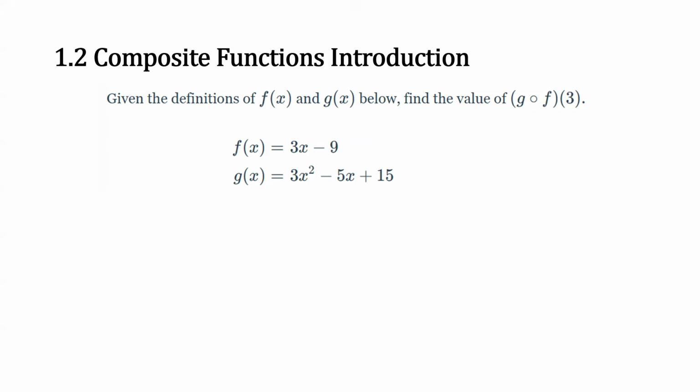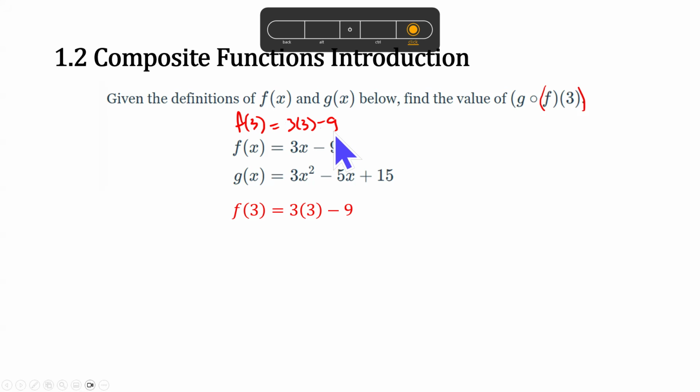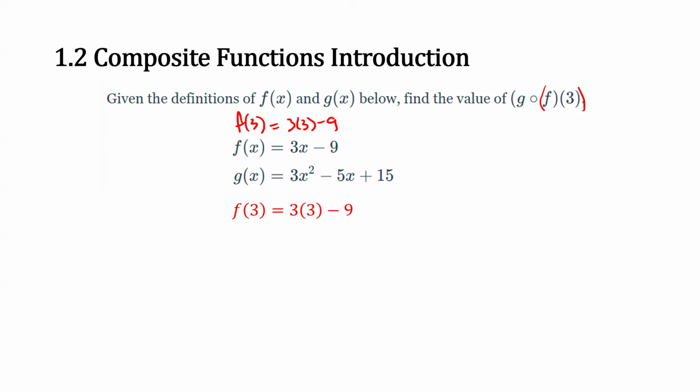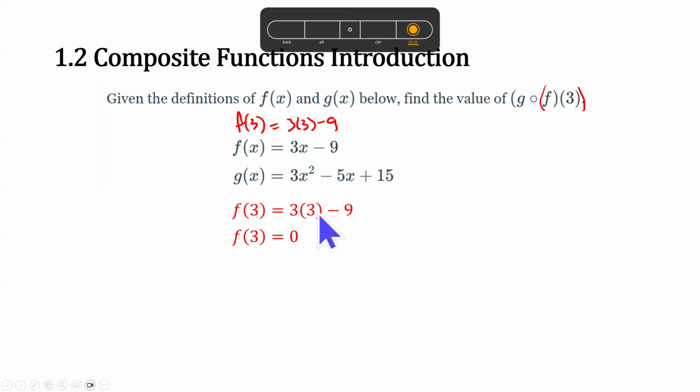So we're going to do g of f of 3. We're starting with f of 3, which just means take 3 and do f of 3. It's going to equal 3 times 3 minus 9, and 3 times 3 minus 9 is 0.